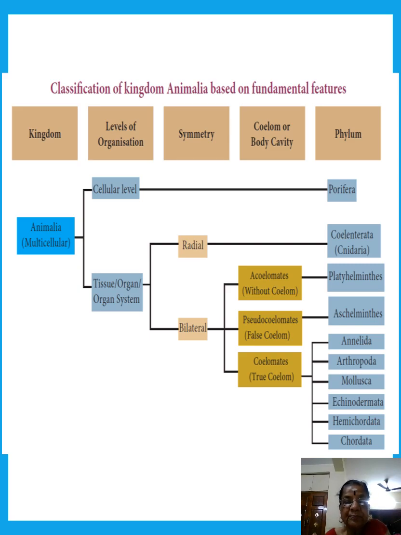That is for classification. Just a second go through of the classification of kingdom Animalia based on fundamental features. Under kingdom Animalia, level of organization is cellular and tissue organ system, symmetry is radial and bilateral, coelom is of 3 types, and then phyla are classified.